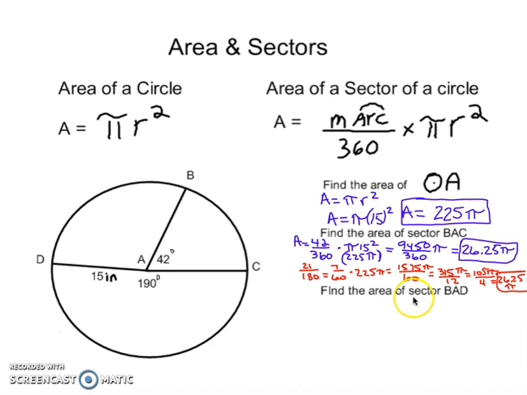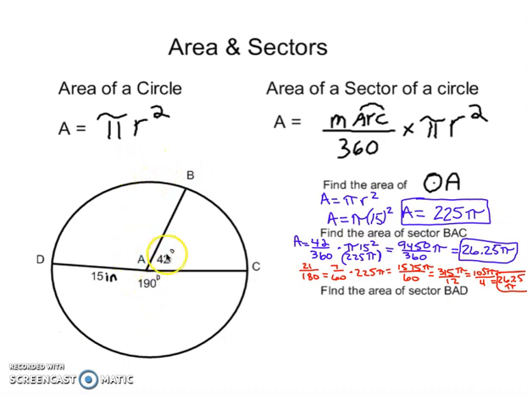To find the area of sector BAD, so in this case we're looking at area of sector BAD here. To find that, we first have to find what is our measure here.